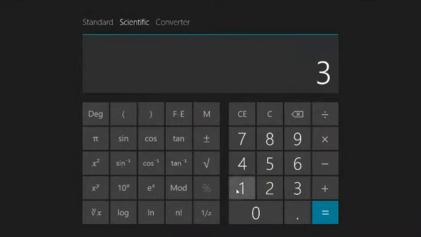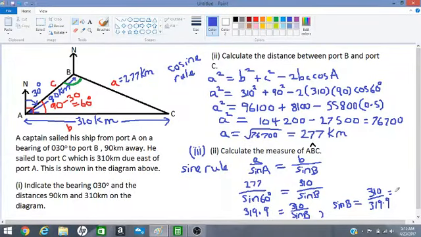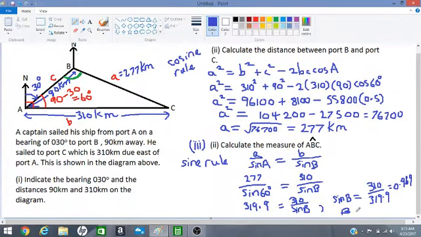310 divided by 319.9 equals 0.969. We want to use 3 decimal places, so 0.969, and B, our answer for B, will be the sine inverse of 0.969.